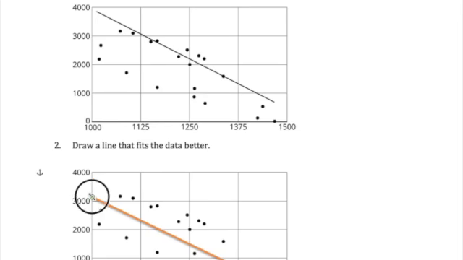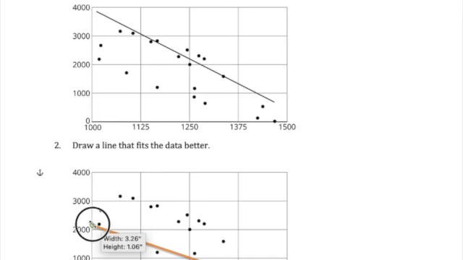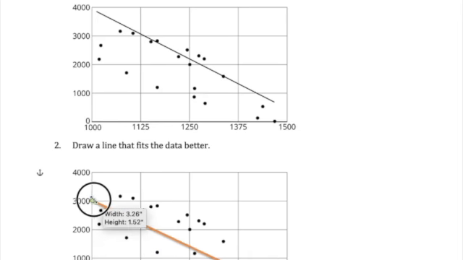Like if I put it up here towards these, I'm not accounting for these points. And if I put the line down here, I'm not accounting for the above points. So sometimes in the middle, even though you're somewhat far from many points, you've sort of split the difference. You're like, well, I'm 1,000 from here, but I'm also 1,000 from here. So it's kind of like you compromise a bit.